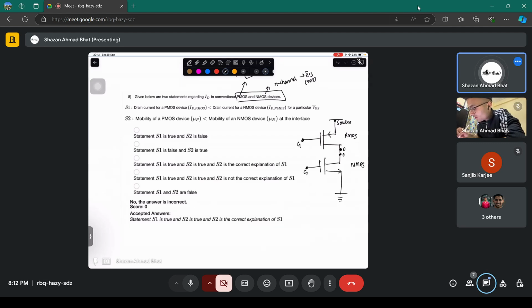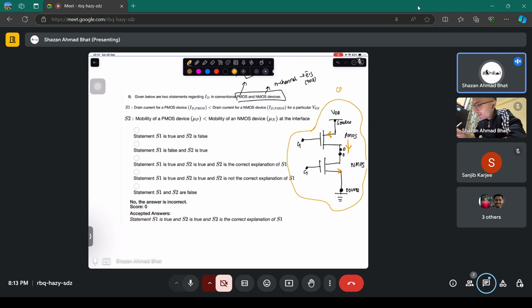Okay, and this is source of NMOS. These drains are tied together, but you call this as VDD. You still call this as VDD. Okay, and the direction of the current flow is in this direction. Arrow shows the direction.